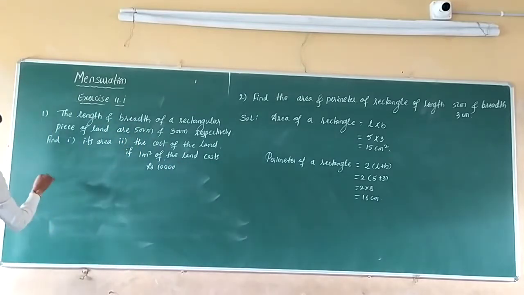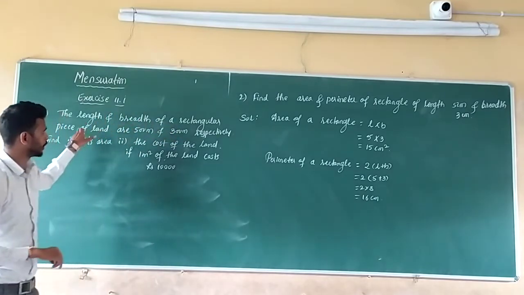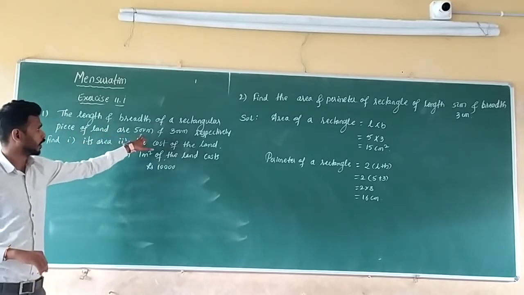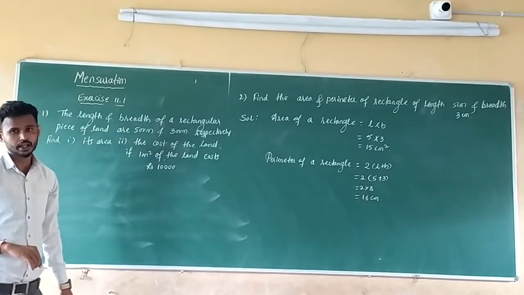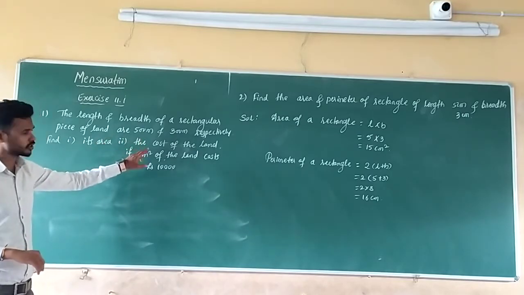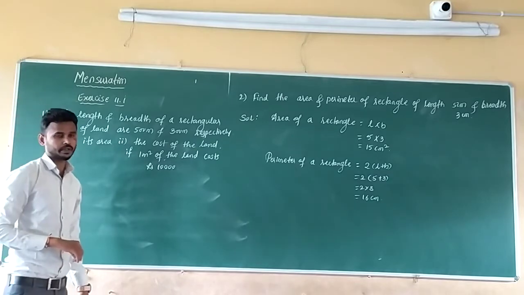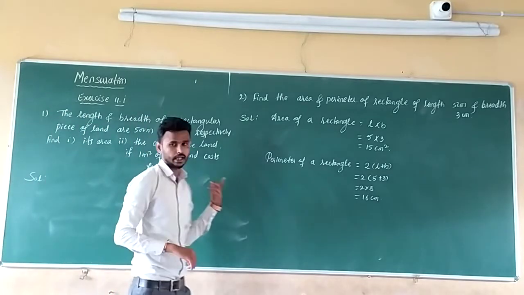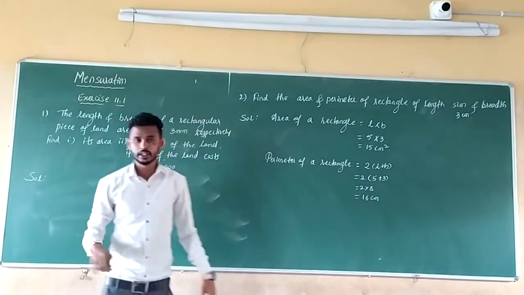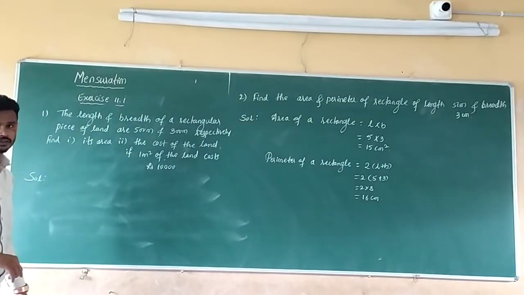Let us see. They are given the length and breadth of a rectangular piece of land, 500 meter and 300 meter. Then find its area and then the cost. If 1 meter square costs rupees 10,000, however many meter square area you get, multiply that by 10,000, you will get the total cost.